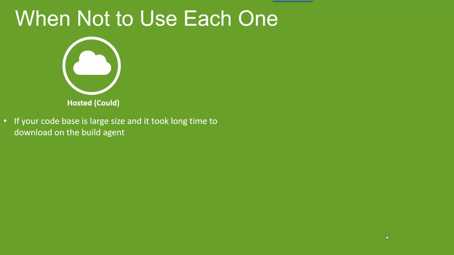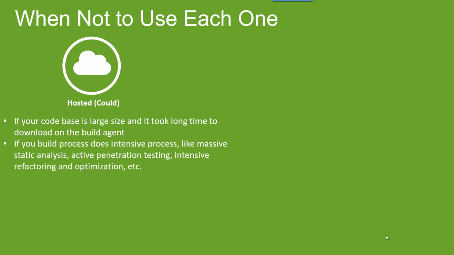Because the hosted agent is created on the fly, you need to download the source code on the hosted agent every time you run the build. With a large application, this will not be very effective.